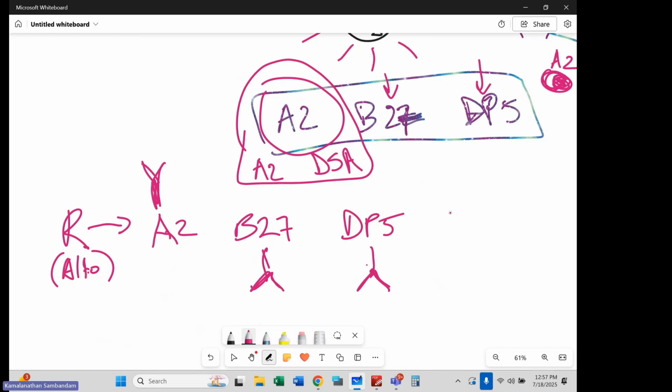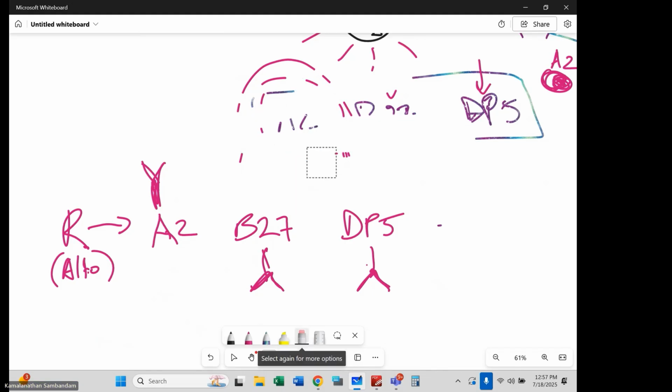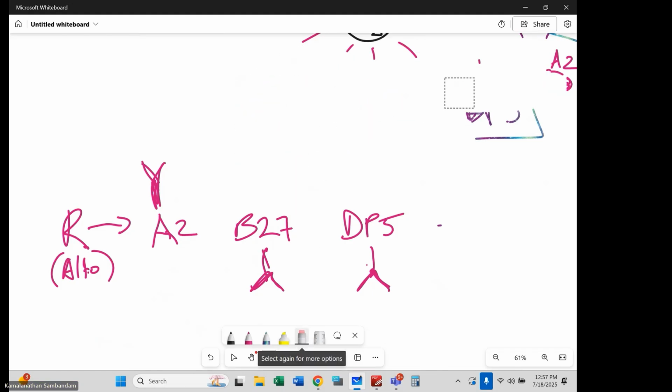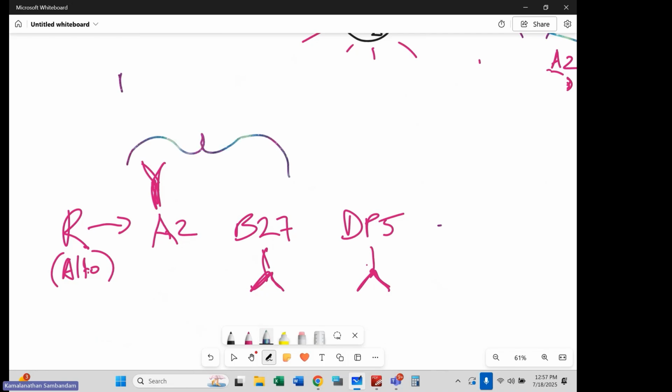And that might also translate. They'll actually give you 2 PRAs. They'll give you a class 1 PRA and a class 2 PRA, right? Remember, A2 and B27 are antibodies to class 1, okay? So your report will say this results in a panel reactive antibody of 15%.